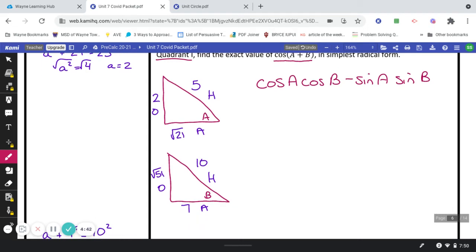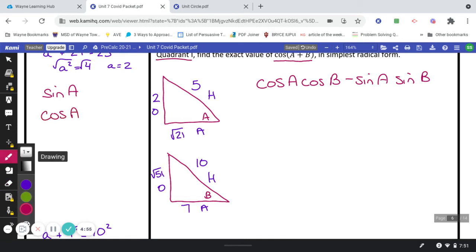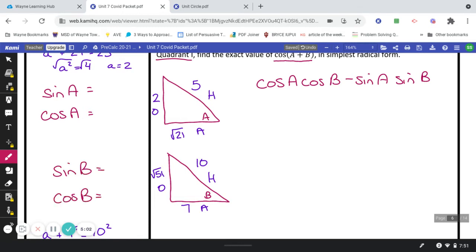All right, noticing again that you have all cosines and sines here, that's going to be my next step. For each of my triangles, I'm going to find sine and cosine: sine of A, cosine of A, sine of B, and cosine of B. Looking at the top triangle, sine is O over H, so 2 over 5.